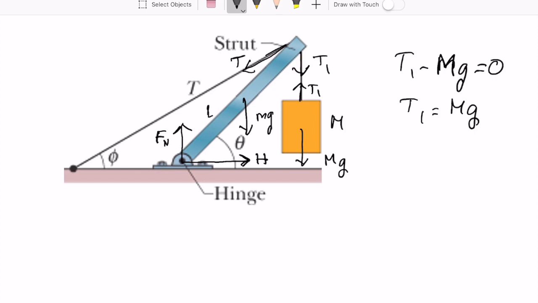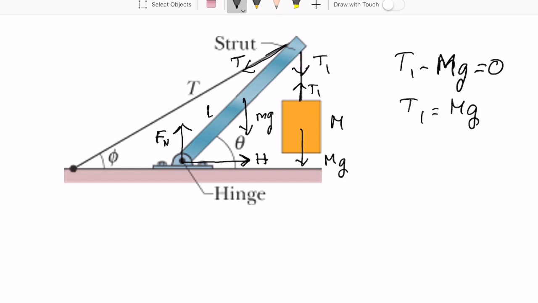Let's start with breaking the forces into components. And which force needs to be broken into components? Fn and H and Mg are all either along the x-axis or the y-axis.